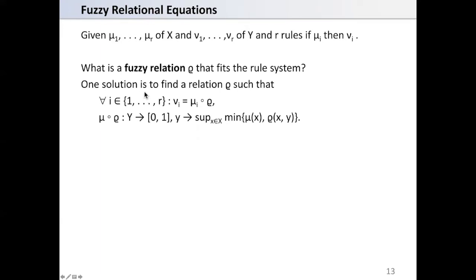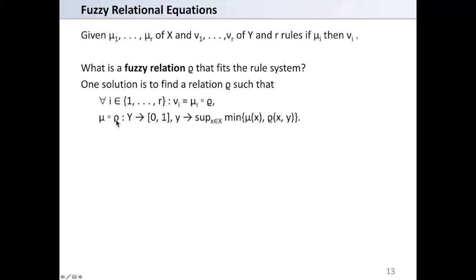One solution is to find the relation rho such that for every i from 1 up to r, nu i is equal to mu i composition rho. So we are trying to find such a rho satisfying this condition.